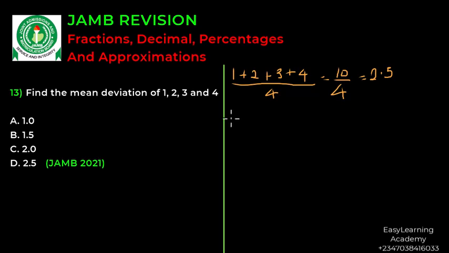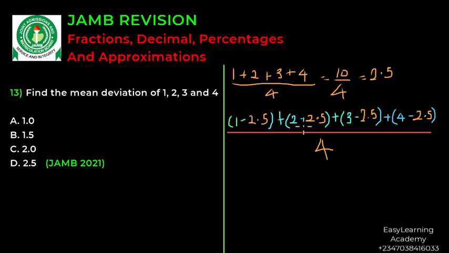To do this is so simple. Let's have a bracket first. It's going to be 1 minus the mean, that's 2.5. I want to use one particular color for all my mean. Okay, so minus 2.5. All right, so let's have it written out.